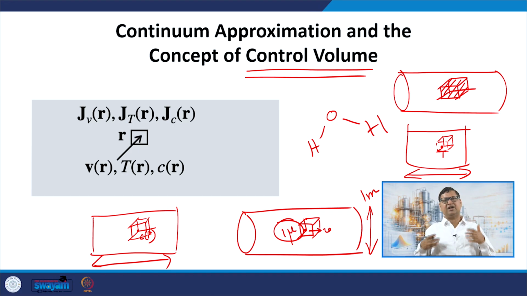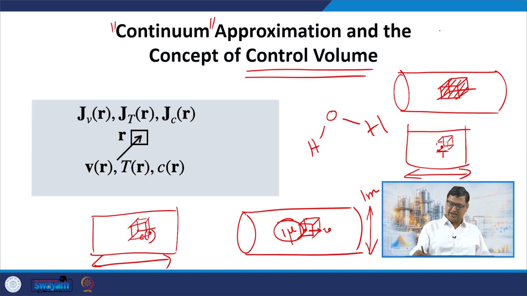So, this idea of a continuum applies when we have the characteristic length of the system much bigger than a small length scale, which can make up my control volume, and that length scale should have a fairly large number of molecules, right. So, the approximation will work only when the characteristic length is much bigger than, let us say, the molecular length scale, right.